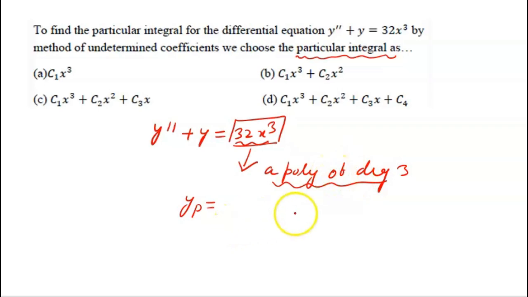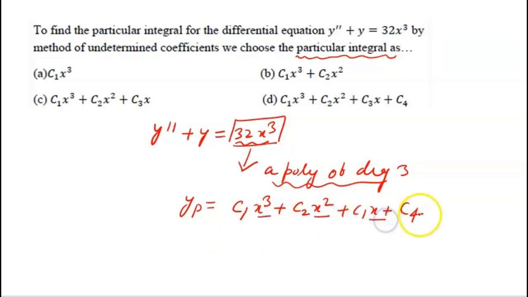By general polynomial I mean that it should contain the x cube term, because it is a polynomial of degree 3, and it should contain all other terms of degree less than 3. It means it should contain the x squared term, the x term, and the constant term, right? So the trial solution should have the x cube term, x squared term, x term, and constant term.